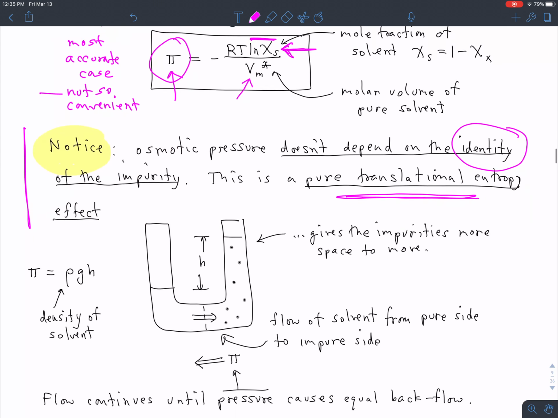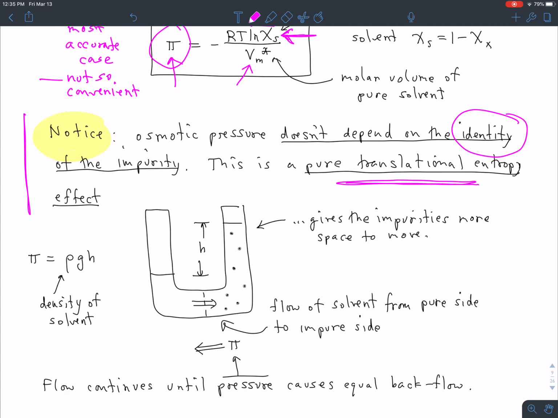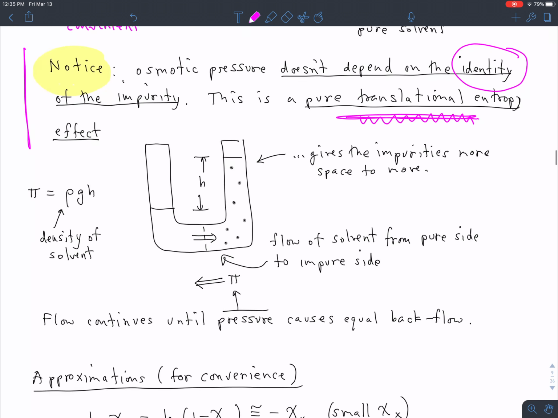And so the pressure difference ultimately is caused by a pure entropic translational entropy effect that depends on how many impurity particles there are, but not on the chemical identity of the impurity.